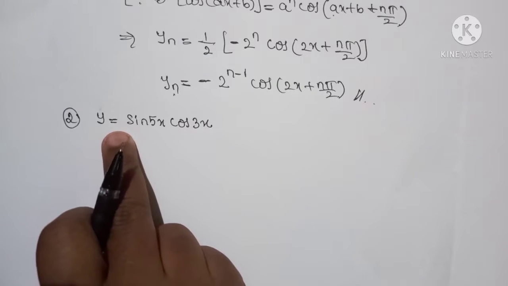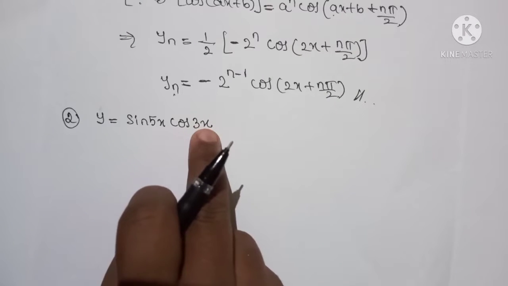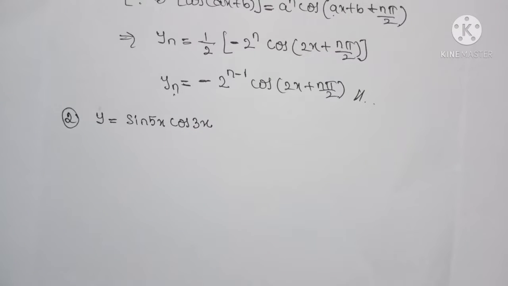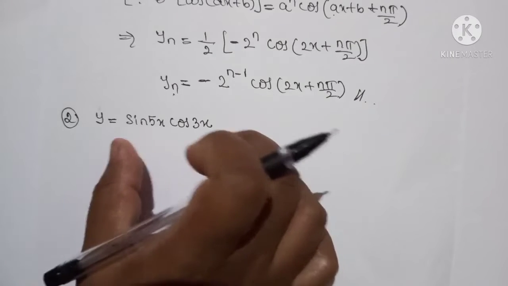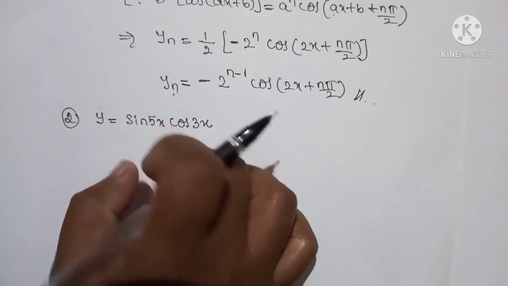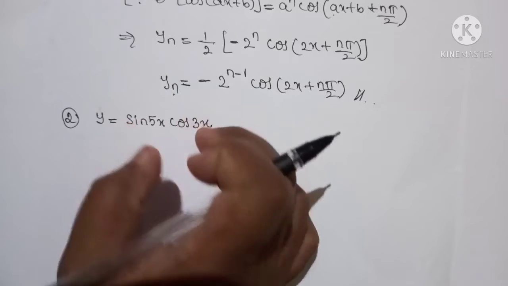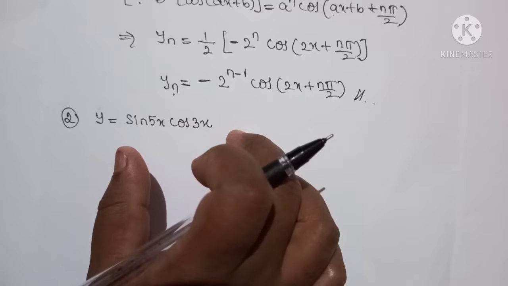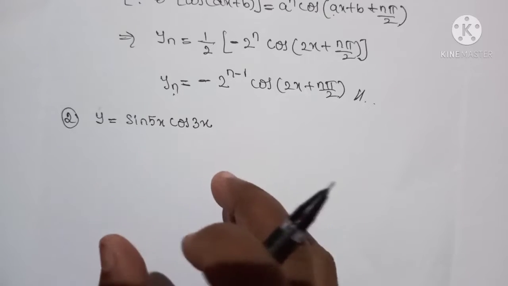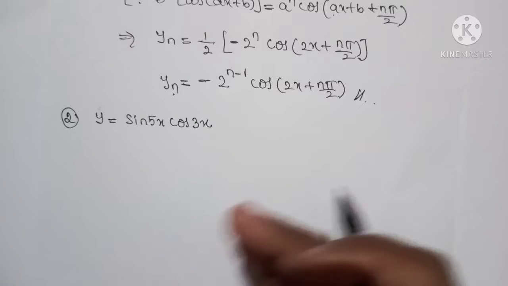Second problem: y equals sine 5x into cos 3x. Here also we don't have a direct form, so first we have to reduce this into standard form because this is in product form. This function can also be solved by using Leibniz theorem, which we will come to know in the next class.